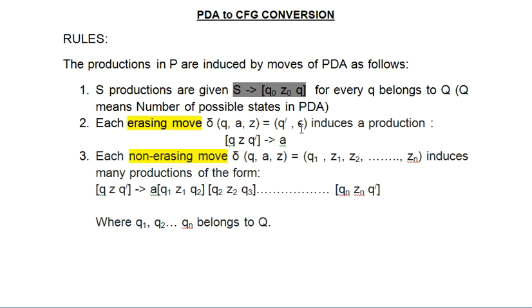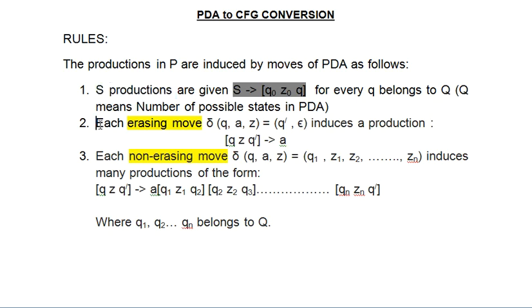Clear? Now moving to the topic, the rules are defined for three productions. For the first one, the production will be only for the start production, that is your S. You know about CFG, right? The starting production is generally denoted by capital letter S. So the first rule is only for how to create the start production.